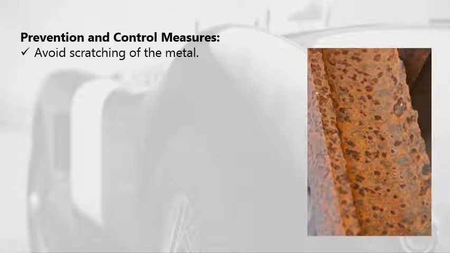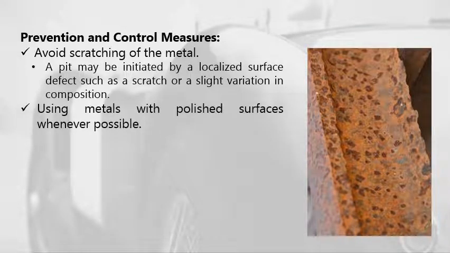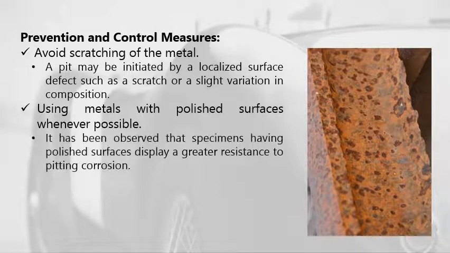To prevent and control this kind of corrosion, we must avoid scratching of the metal because a pit may be initiated by a localized surface defect such as a scratch or a slight variation in the composition. We should use metals with polished surfaces whenever possible because it has been observed that specimens having polished surfaces display a greater resistance to pitting corrosion.